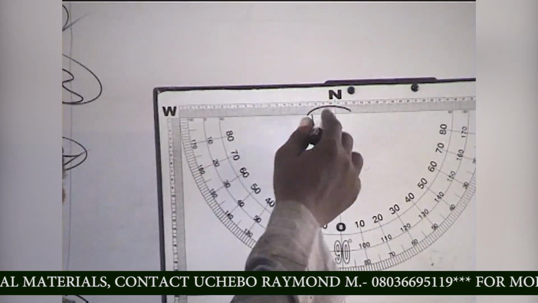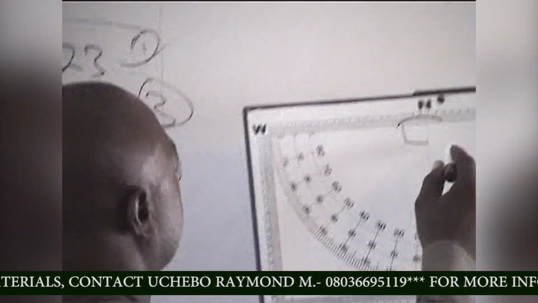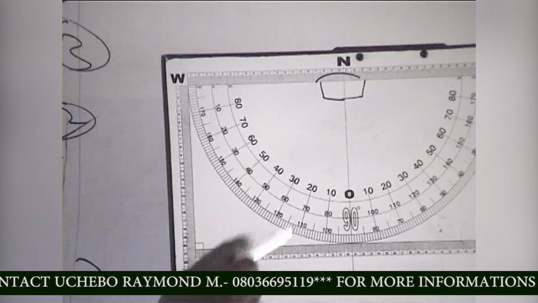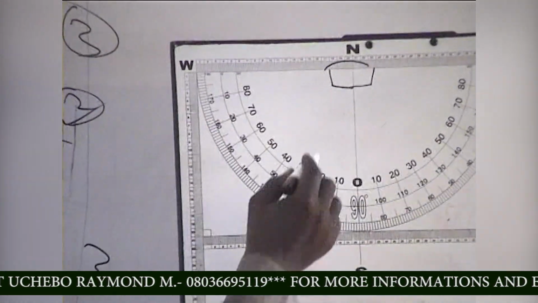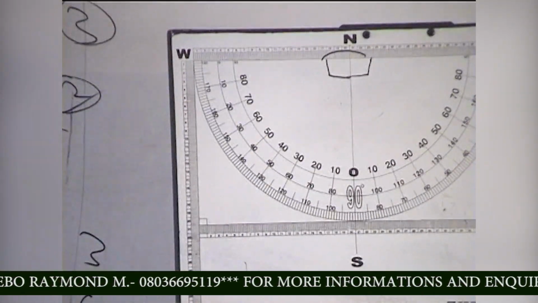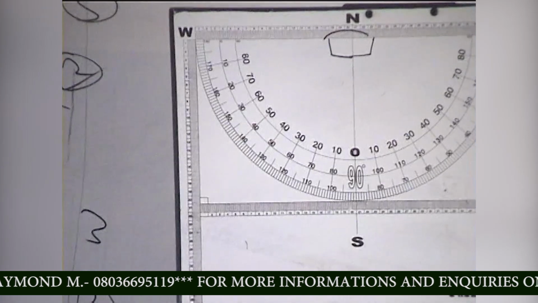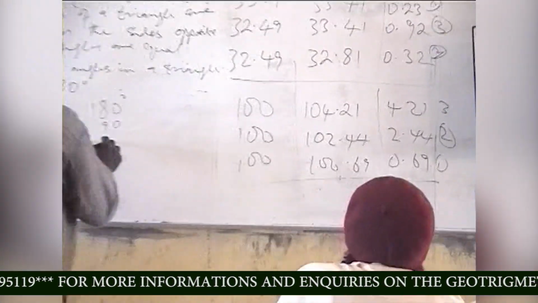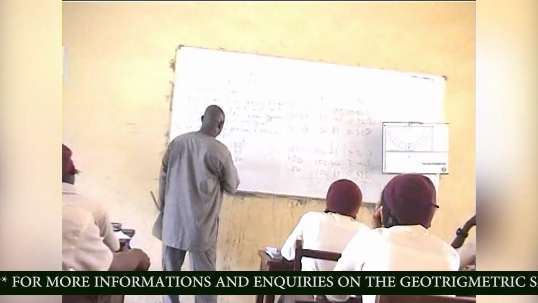But only this one, how many degrees? 90. So it becomes 180 degrees plus 90 plus 90.